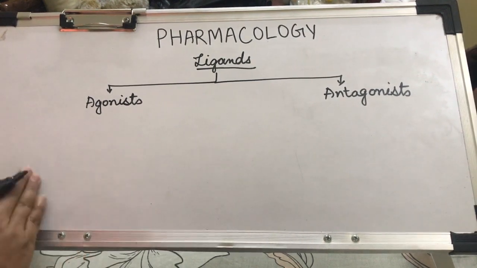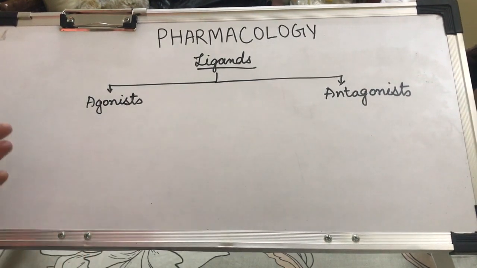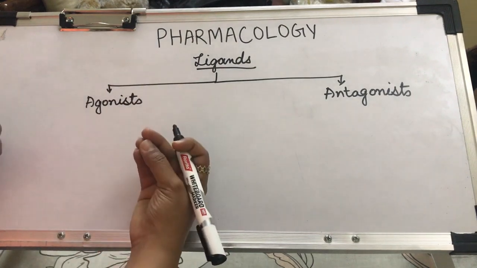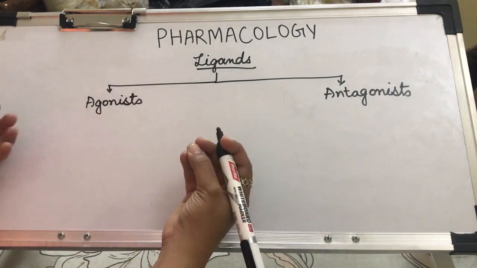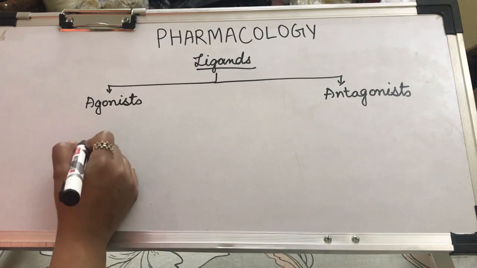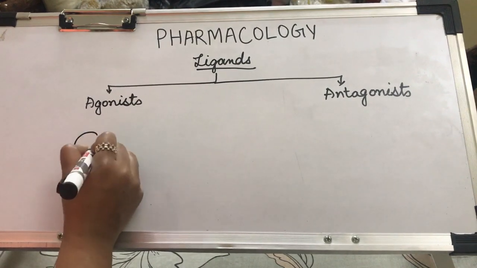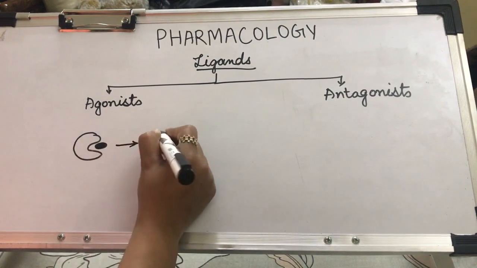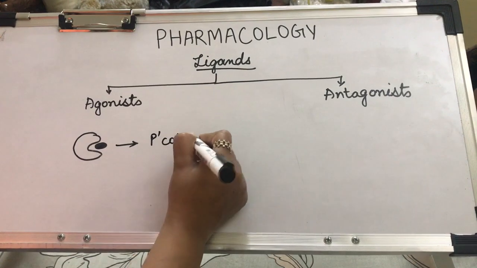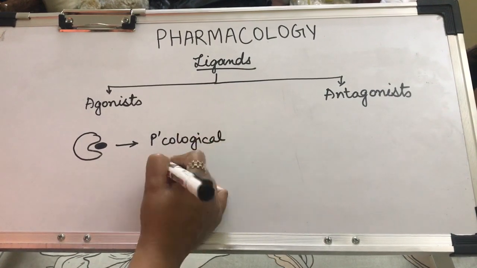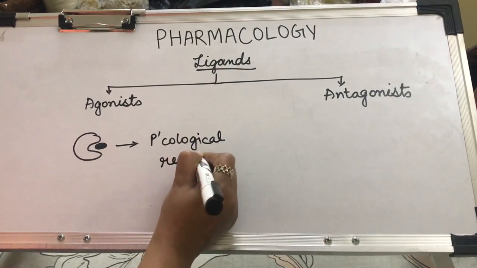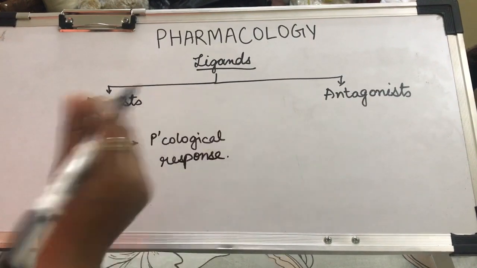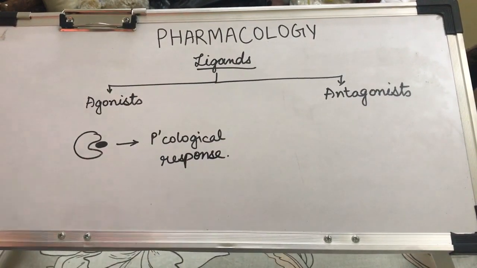Now, what is a substrate? A substrate is an endogenous compound, an endogenous substance present inside the body, which comes and binds to the receptor and gives a pharmacological response. This was our substrate.